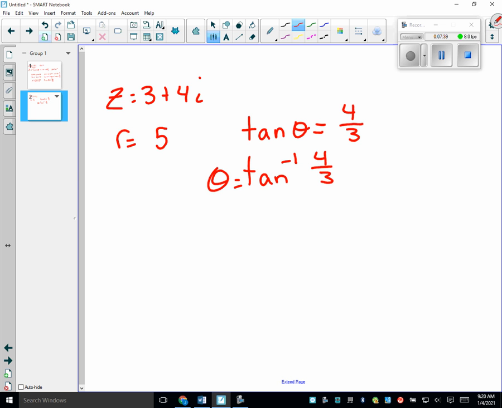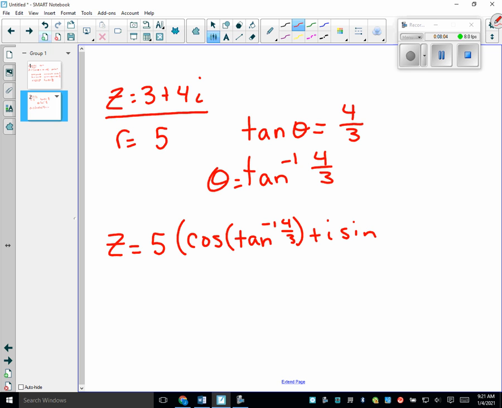So this is rectangular. Polar is r cosine of the arctangent of 4 over 3 plus i sine of the arctangent of 4 over 3.